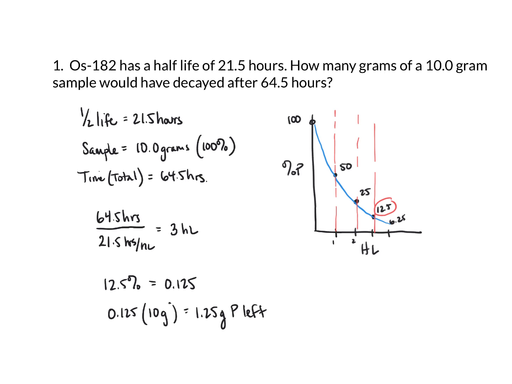Well, how much of it is decayed? Well, that's going to be 10 grams minus 1.25 grams, which equals 8.75 grams has decayed. All right, so that's the first problem. That's when you're taking time and turning it into half-lives, and then using the percentage of the half-lives to figure out how much is left.